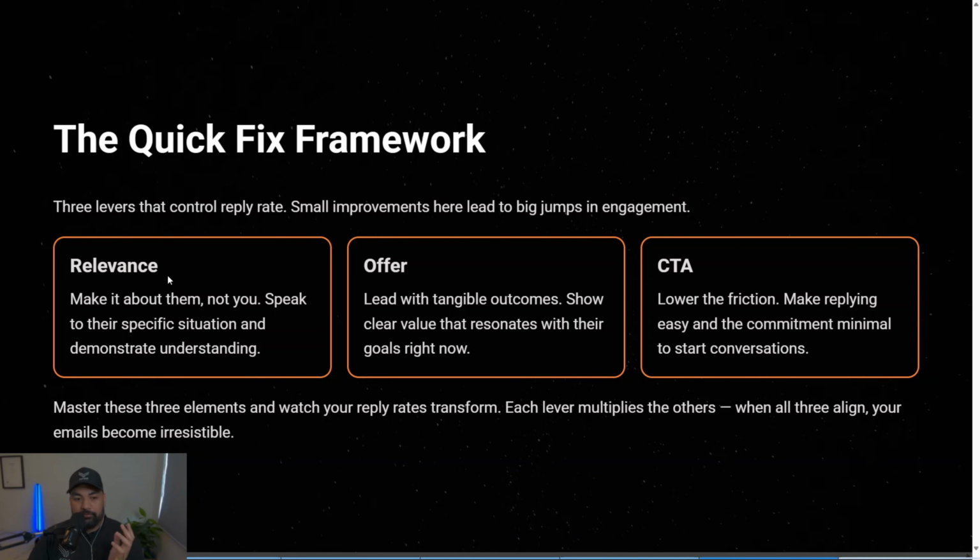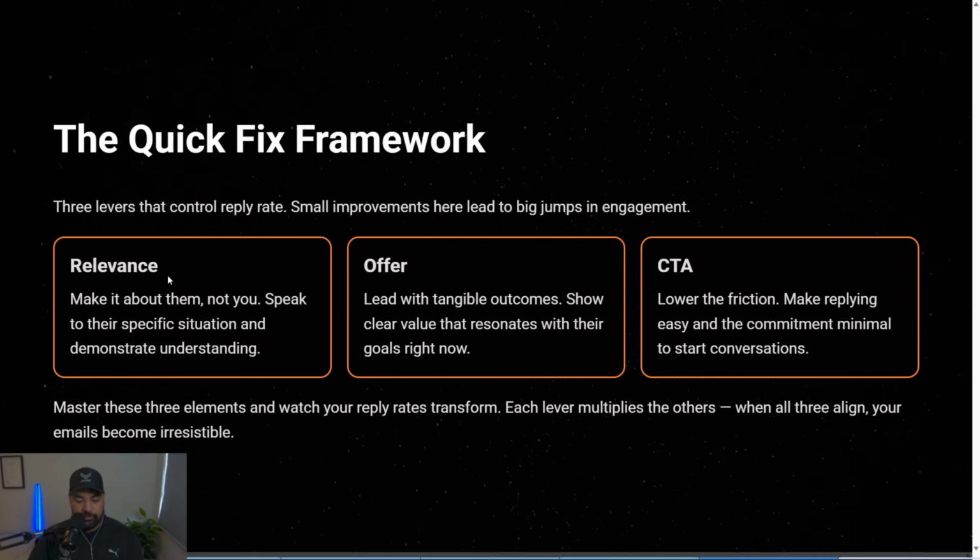And then from there, if your message is really relevant, the next lever you could pull is the offer. Sometimes we're making an offer that's a little bit too big of a commitment for them, and so it may not be as appealing for them to reply.